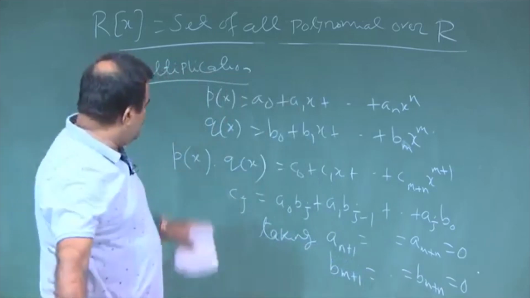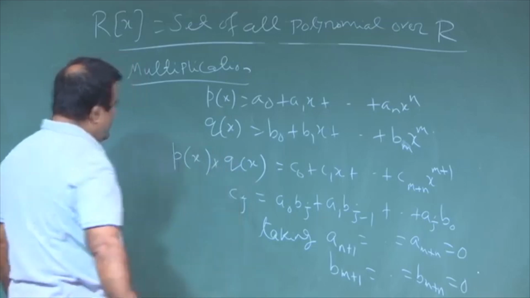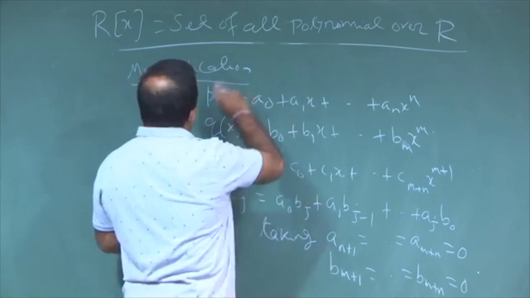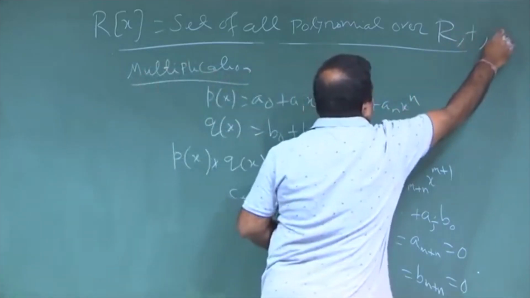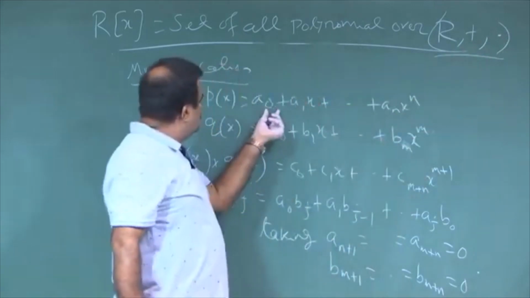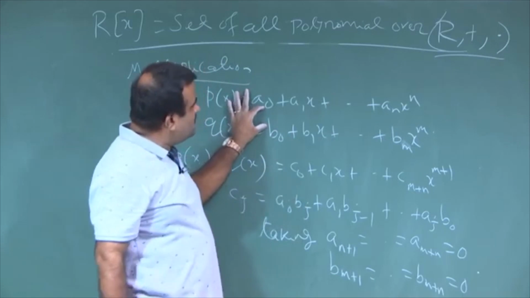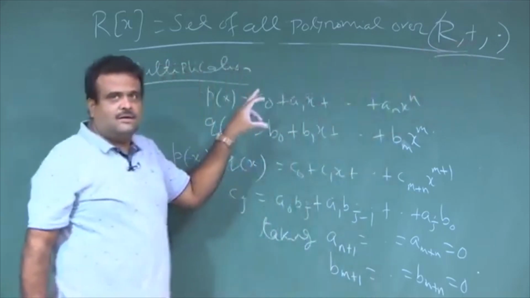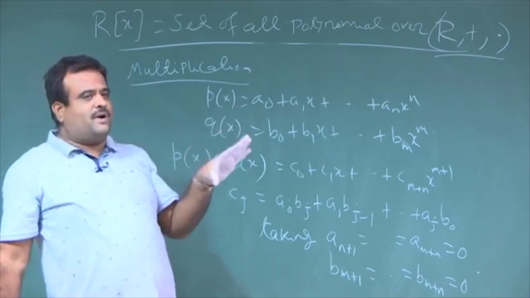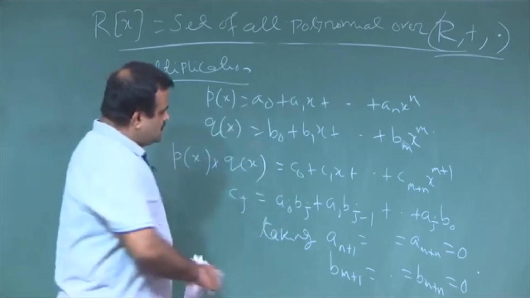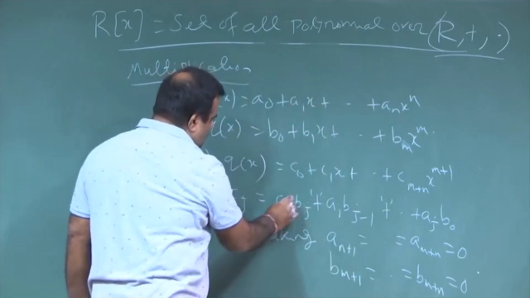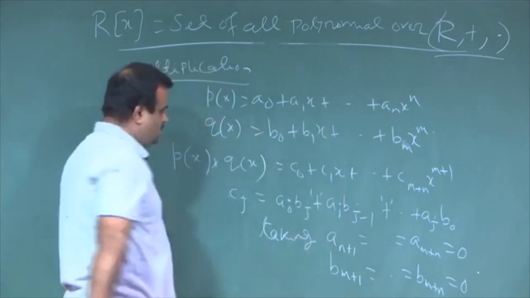So, this is the way we define the multiplication between two polynomials. In the ring we have two operators, plus and dot. The plus here is not the real number plus; it is the first operation of the ring in general, and the dot is the second operation of the ring, in the multiplicative sense.